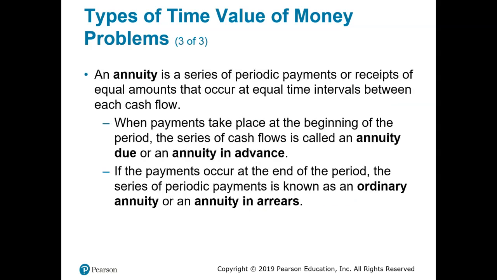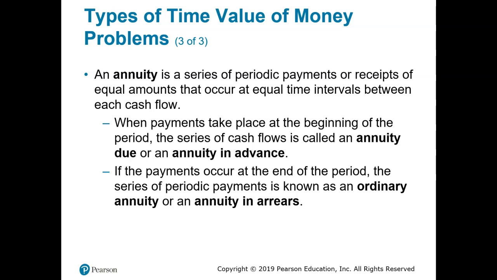And then the last bit of our terms here have to do with what's called an annuity. So basically an annuity is a series of periodic payments, and the time between each payment is equal and the dollar amount is equal. So maybe $1,000 every 6 months. That's an annuity.